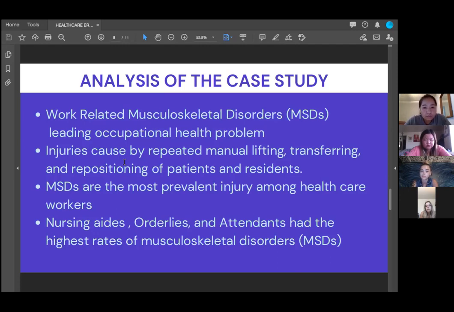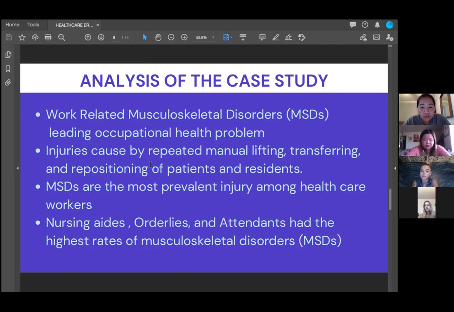Injuries caused by repeated manual lifting, transferring, and repositioning of patients and residents. Exactly, these are the common problems that can cause MSDs.